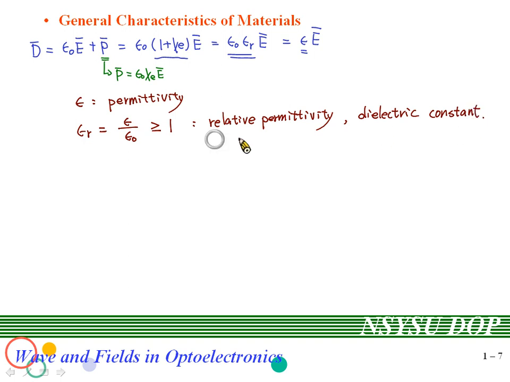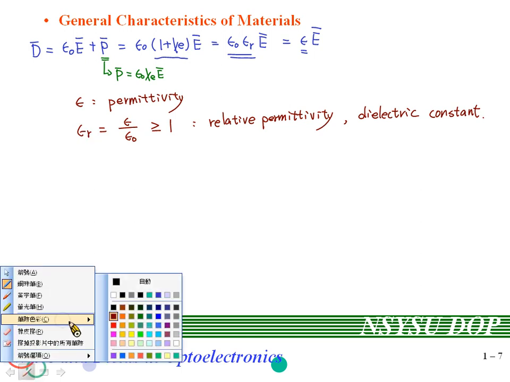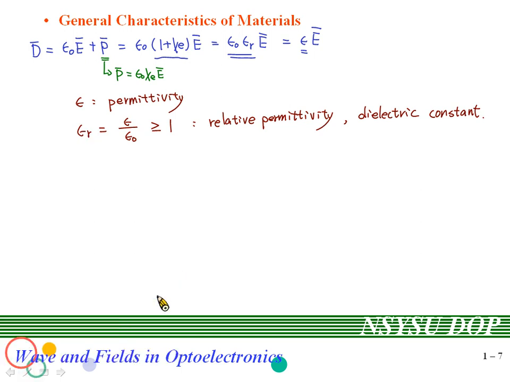These two terms mean the same thing, that is epsilon R. Besides, if you are from the area of optics, you should know that epsilon R is also equal to the square of n, where n is the refractive index.